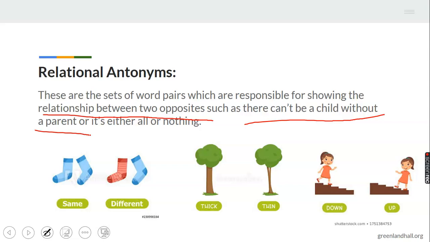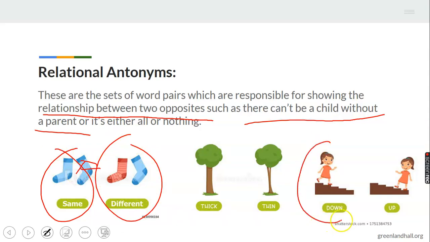These are antonyms, although we already said antonym means what? Words that are opposite in meaning, isn't it? But in relational antonyms, you see that they're bringing out things that are related. Can you have a child without a parent? No. So there's a relationship between these two.